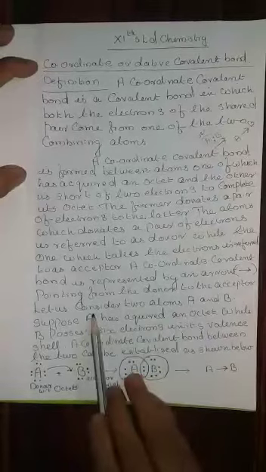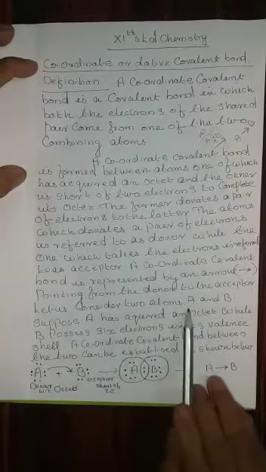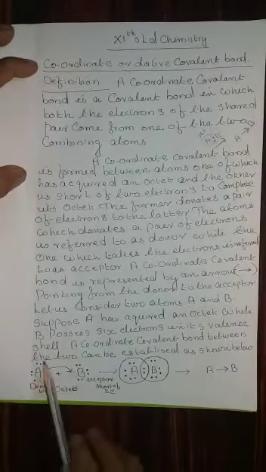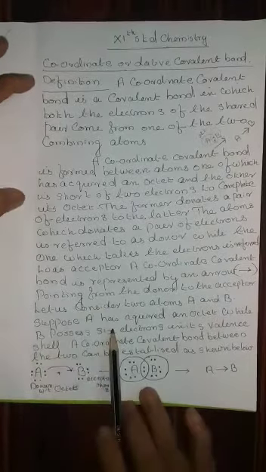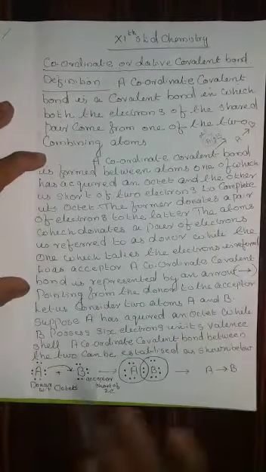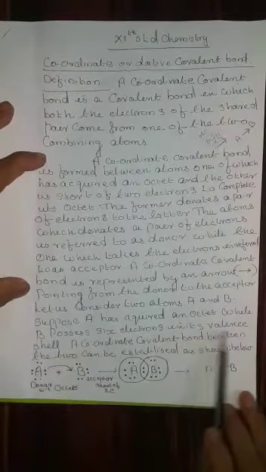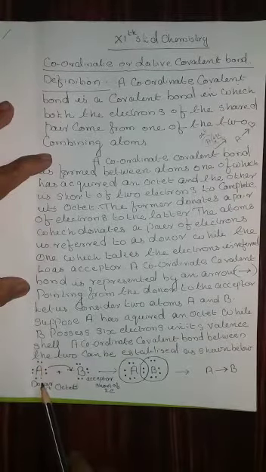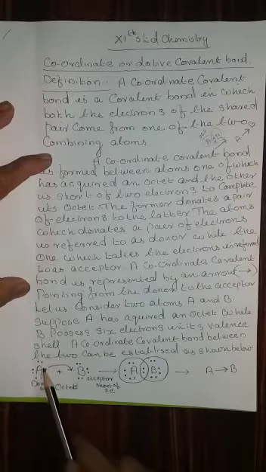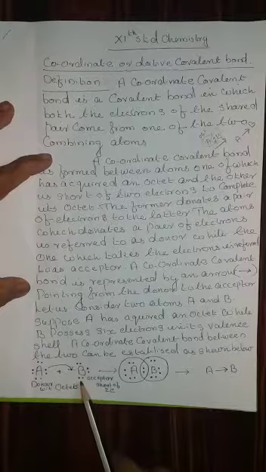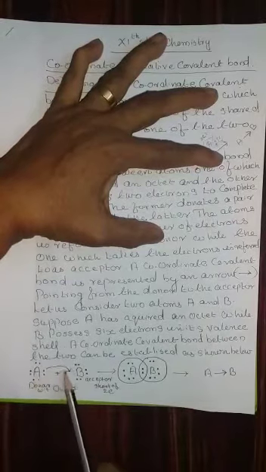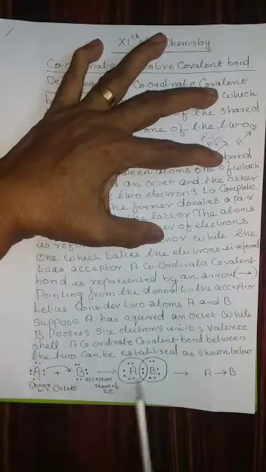Then let us consider two atoms A and B. Suppose A has acquired the octet while B possesses 6 electrons in its valence shell. That means A has 8 electrons, B has only 6 electrons, and in order to form an octet for B, A donates 2 electrons to the middle.